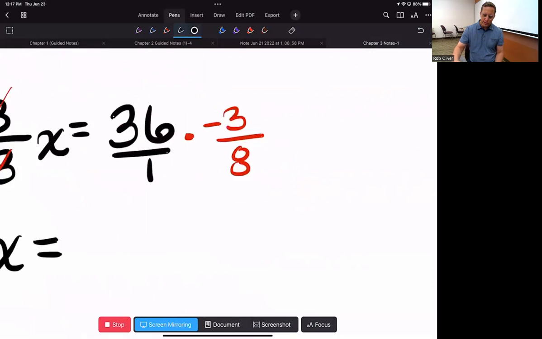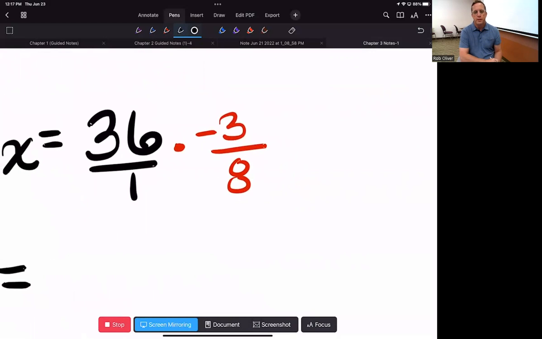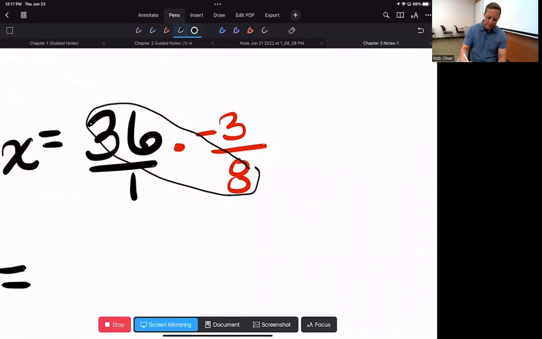And then over here, we've got the math to solve. 36 doesn't divide by 8. If we think of cross-canceling, 36 doesn't divide by 8, but that's okay. 36 and 8 have a common factor, 4, which you can divide by. So you can divide both those numbers by 4 and simplify it a little bit. We're not going to simplify it all the way down to where there's a 1.